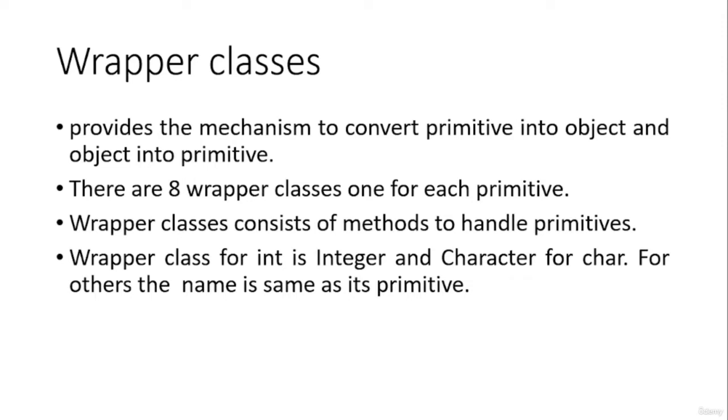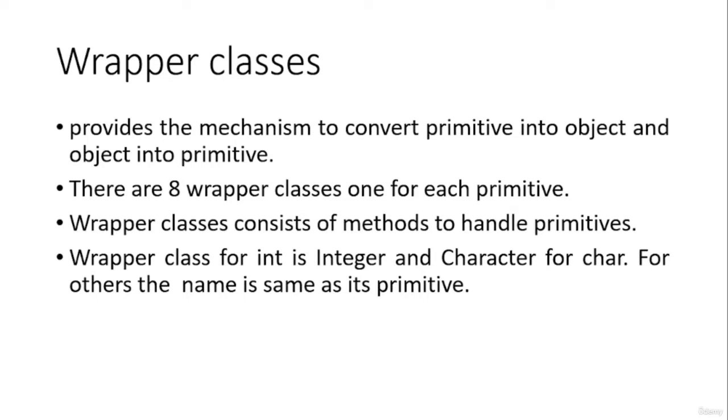Java is an object-oriented programming language where there should be objects so that we can handle them specifically. So Java provides us with the solution of wrapper classes, which wrap around the particular primitive data types and provide us with wrappers.